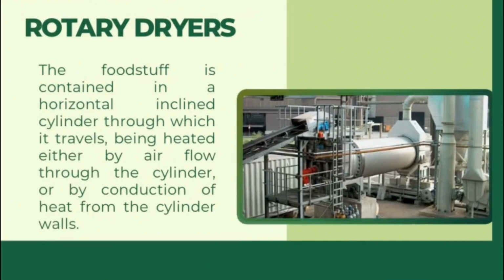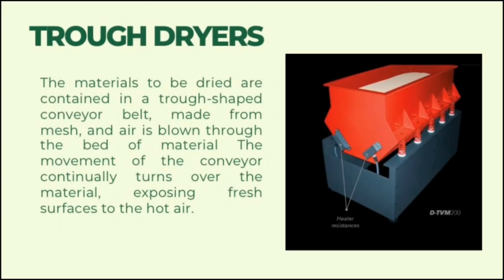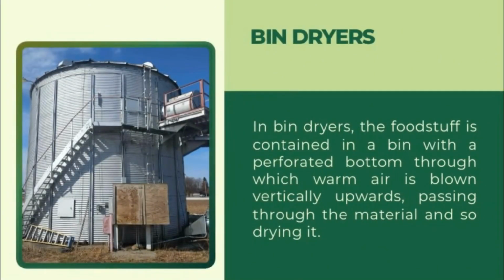Rotary drying: the material travels through a rotating horizontal cylinder heated by air or conduction. Next is trough drying. The material moves on a conveyor belt with air blown through it. Next is bin drying.